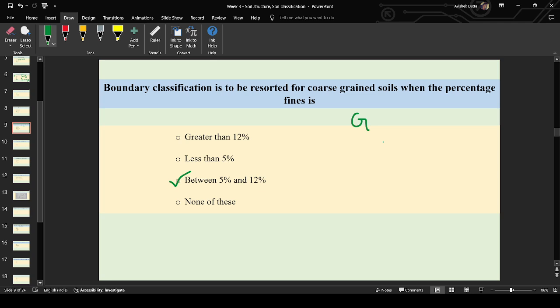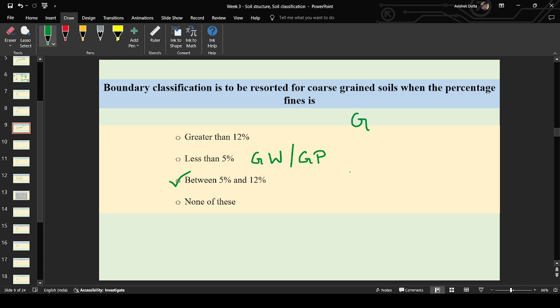We go by saying whether the soil is well graded or poorly graded. So our nomenclature will be either well graded gravel or poorly graded gravel.